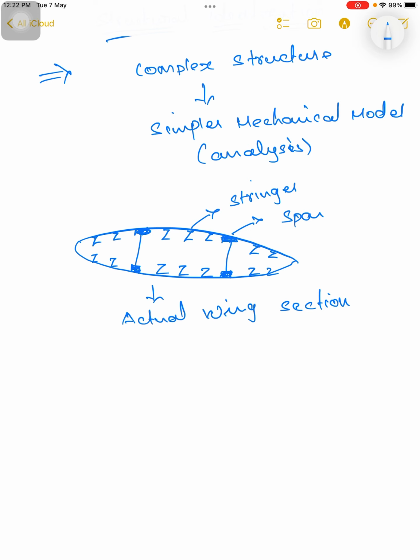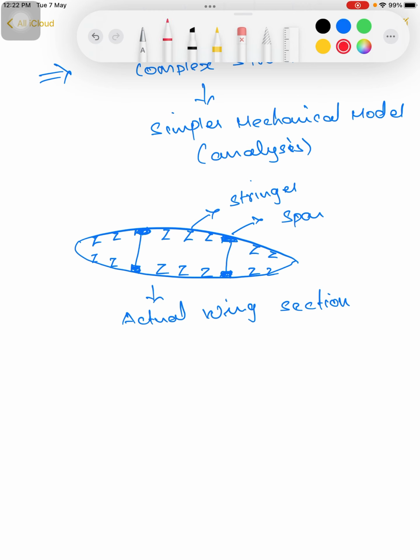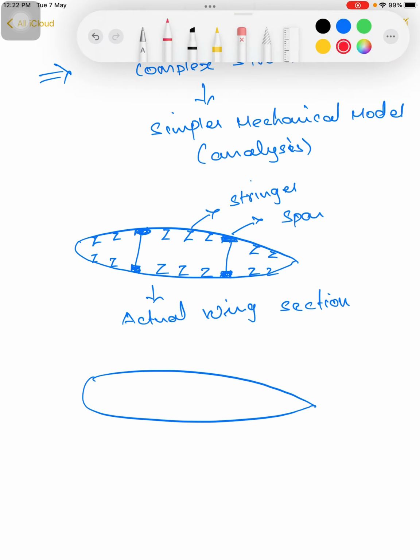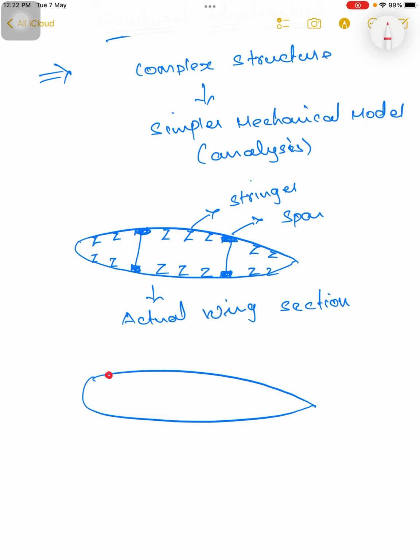So what we do, we convert this model into a simpler one based on some assumptions. Now I make these stringers and spars into small dots, like this, I make small dots.